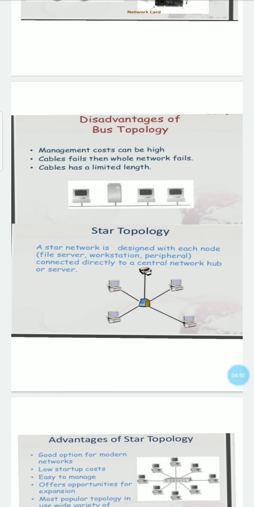If two nodes send messages simultaneously, then the signals of both the nodes collide with each other. The third disadvantage of bus topology is difficult reconfiguration. It means adding new devices to the network would slow down the network.